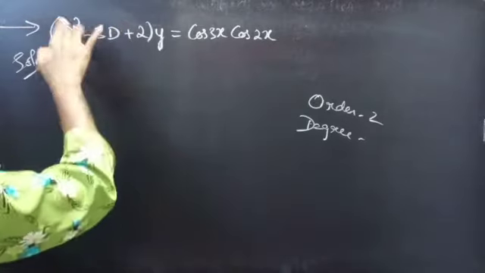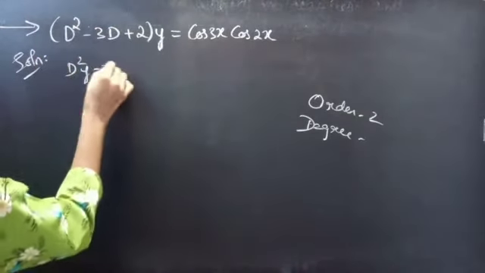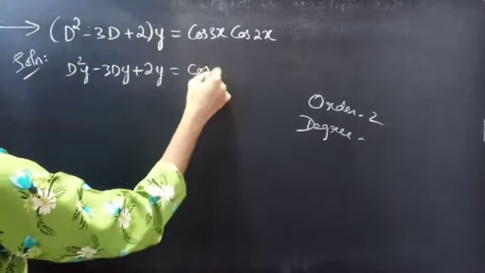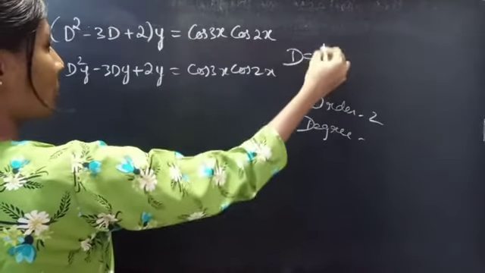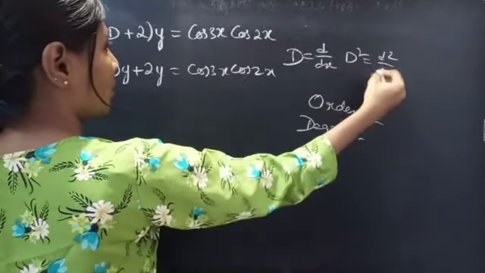Or you can just write the given equation as D²y - 3Dy + 2y = cos 3x cos 2x. We know that the differential operator D = d/dx, then D² is d²/dx².